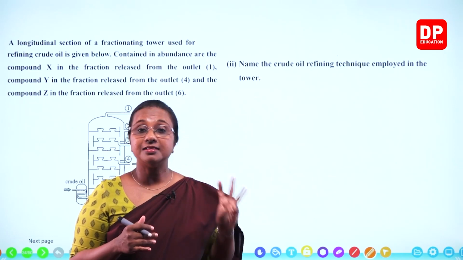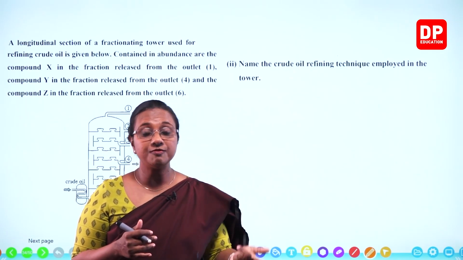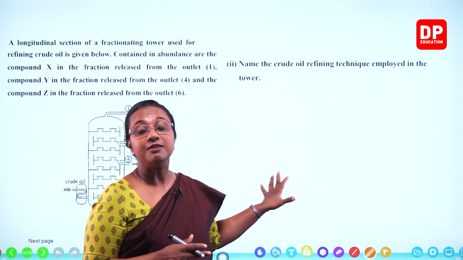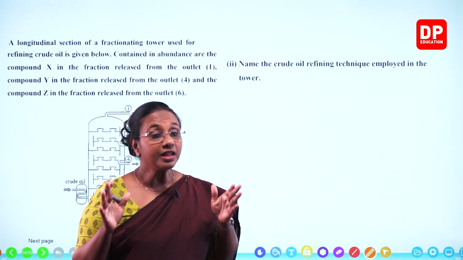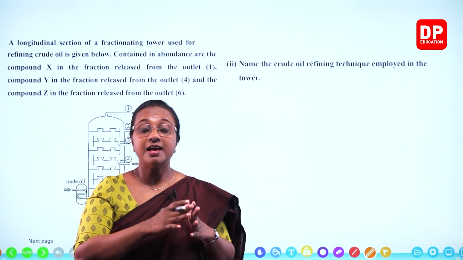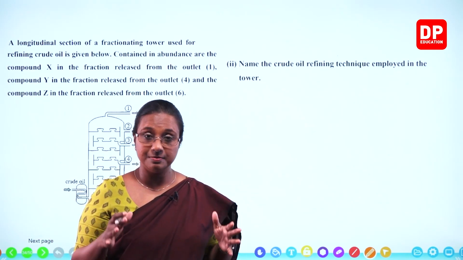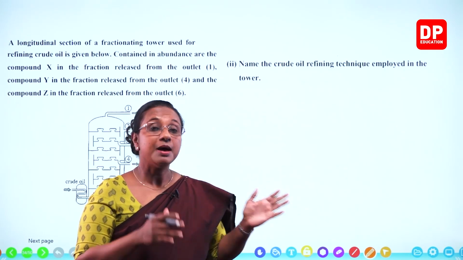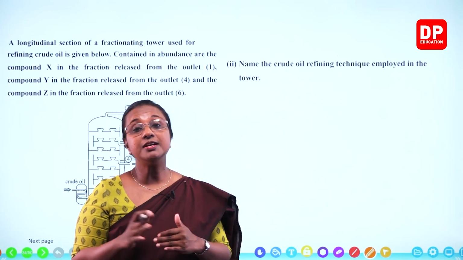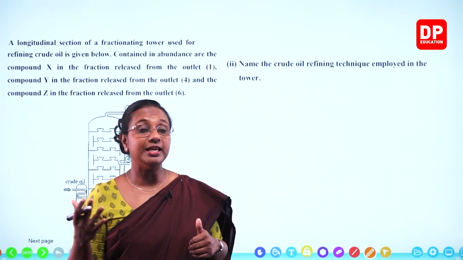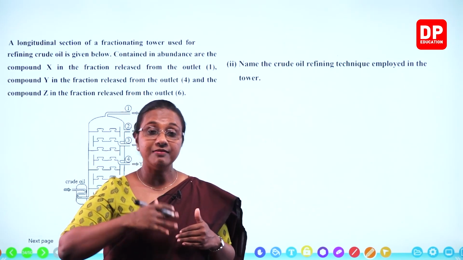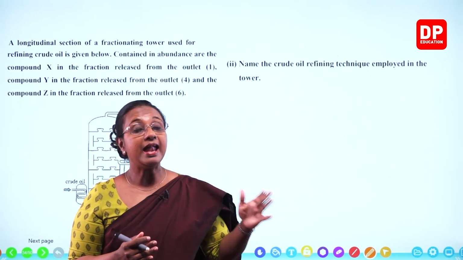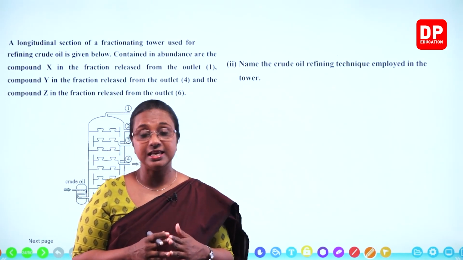In that there are three types: simple distillation, fractional distillation and steam distillation. Here we look at fractional distillation. In fractional distillation, there are similar components in the mixture. Here they are all hydrocarbons or alkanes with significant differences in their boiling points, so that they vaporize and condense at different temperatures and can be separated easily.